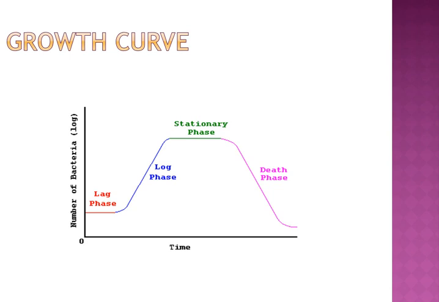It is followed by log phase or exponential phase, where there is a rapid increase in the cell number with respect to time, followed by stationary phase, which may be due to depletion of nutrients, and again the graph comes down with respect to time. That is called death phase. So these are the four different phases during the bacterial life cycle, and this is called the bacterial growth curve.